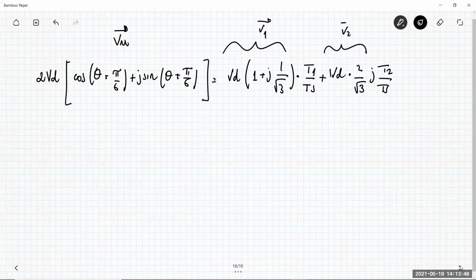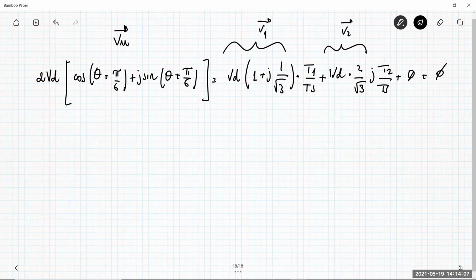Then you have the null vectors, but the null vectors are null, so 0 and 0. So they have no influence on the position theta, as I said before. They act only on the magnitude.